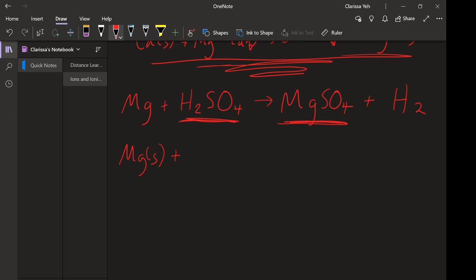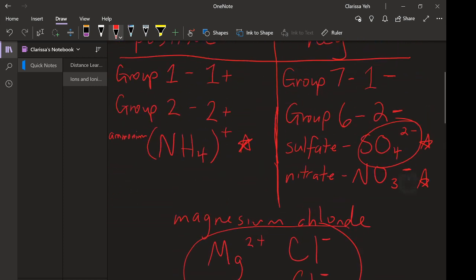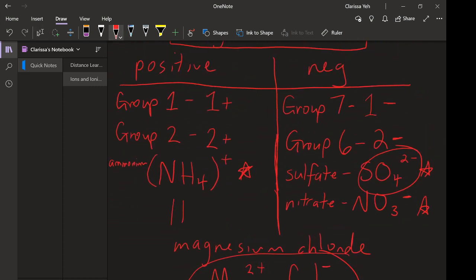Hydrogen, because it has the one electron only, forms a 1 plus ion. And because I have two of them, I'm just going to write that there's two of them there. And that's dissolved, so I'm writing AQ. And then the next half of that compound is the SO4.